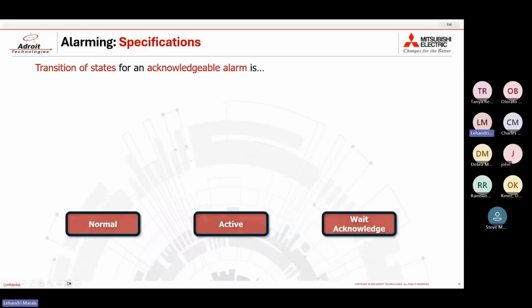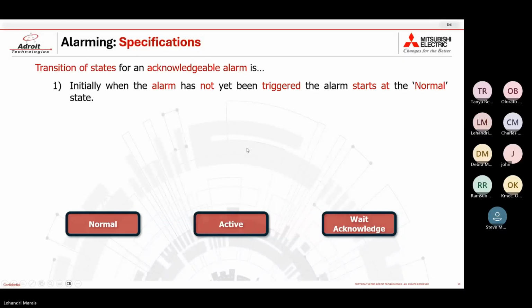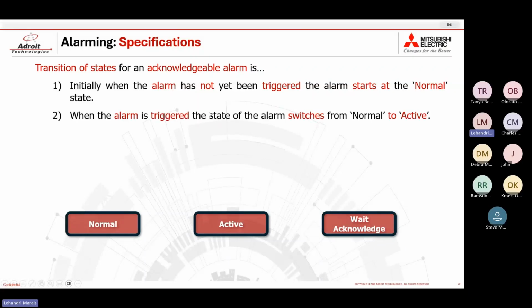However, when you have an acknowledgeable alarm, you now have three states, so it will move between these three states. Once again, it starts on normal when it's not yet been triggered, and when triggered, it also moves to active, which is similar to the report-only.